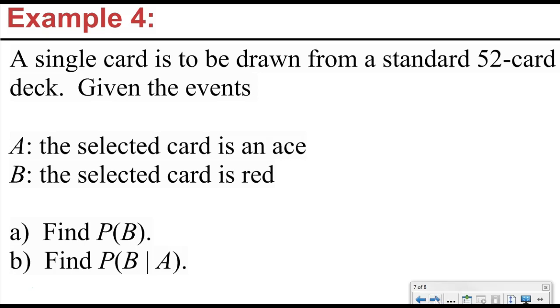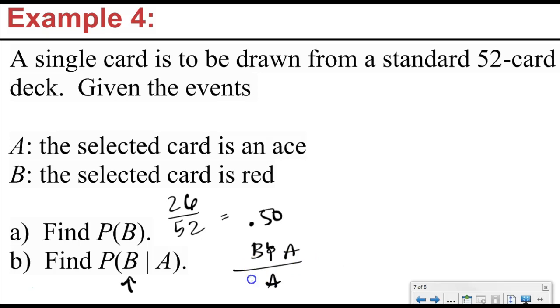A single card is to be drawn from a standard 52 card deck. Given these events: the selected card is an ace, the selected card is red. Find the probability that it's a red card. There are 26 red cards in a deck, which is 0.50. Find the conditional probability of B given A. On top I have B and A, on bottom I have just A. So how many aces are red?